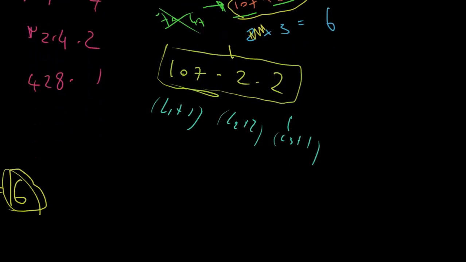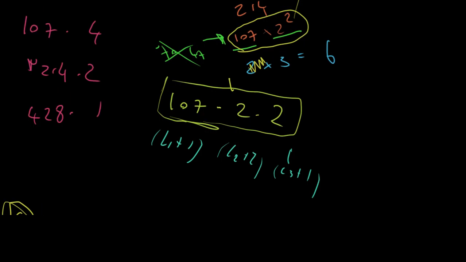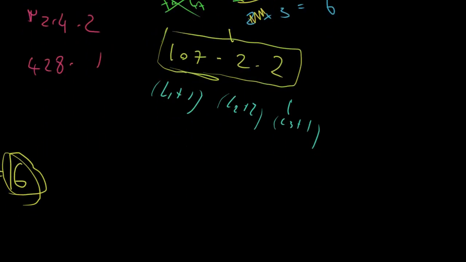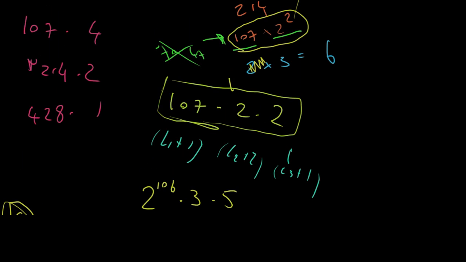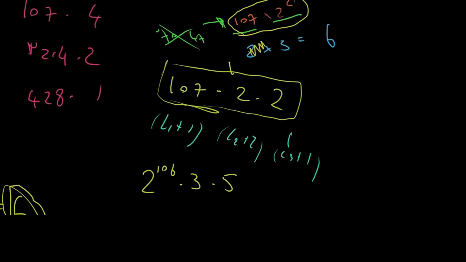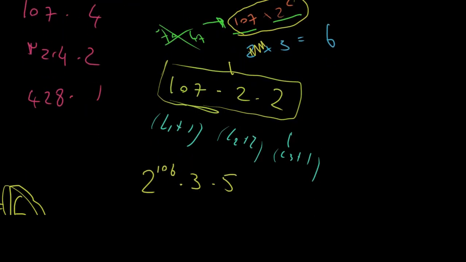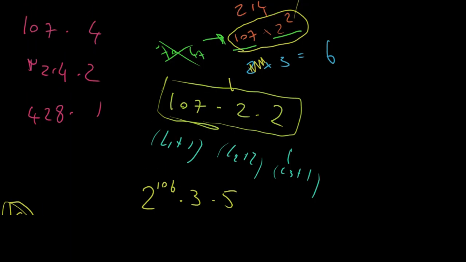L1 will be 106, L2 and L3 will be 1. So I think the smallest number turns out to be 2 to the 106 times 3 times 5. Because if we chose any other value instead of 107, say 214, that number is so much larger than this number, so this is going to be the minimum.